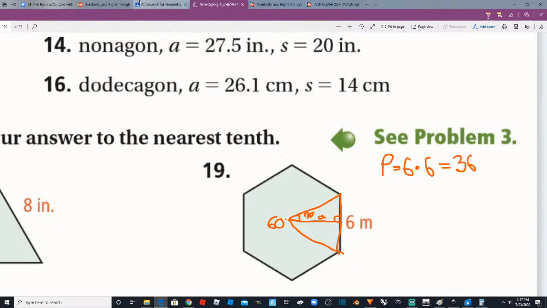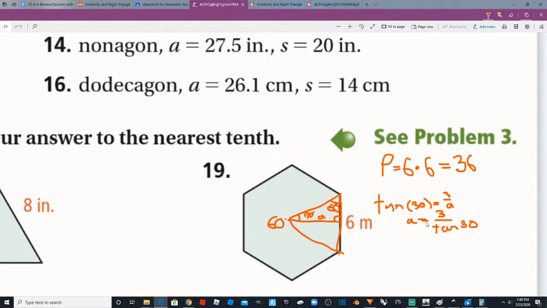And we have another 30, 60, 90 triangle. Now this one, it's basically the same. You would just do the tangent of 30, you would, let me write it out, the tangent of 30 is equal to 3 divided by A, so A is equal to 3 divided by tan 30.